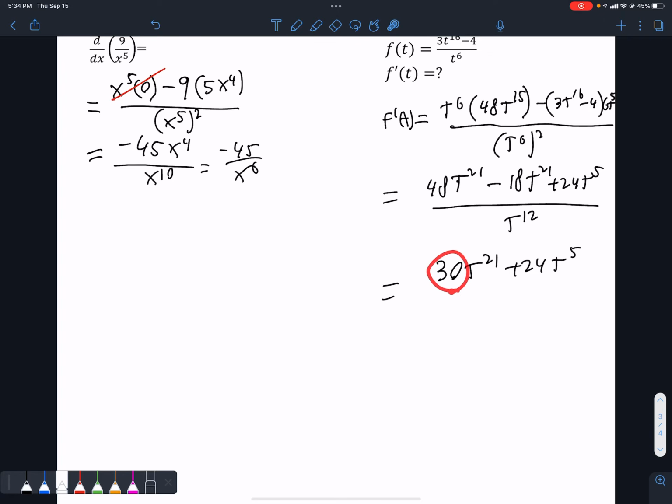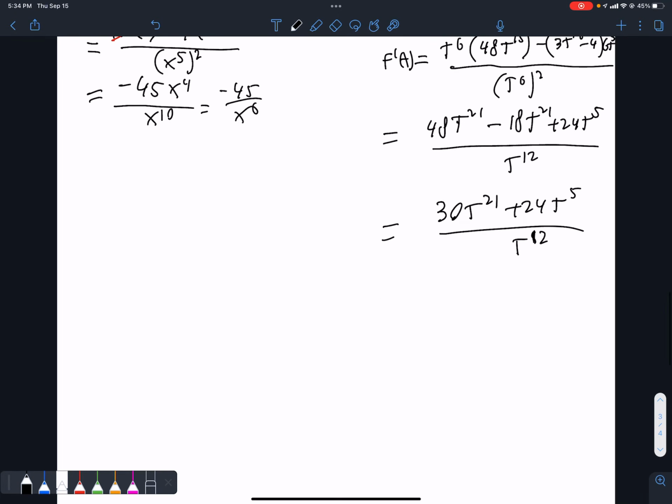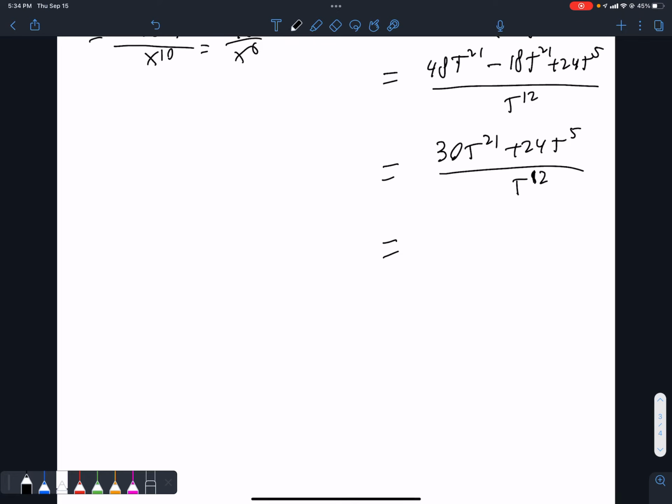That has a 2. That has a 2. T to the 5th is the highest power. So I'm going to factor that out. Hopefully I don't make a mistake here. So 2t to the 5th. I'm going to be left with 15 t to the 16th and 12 all over t to the 12th.